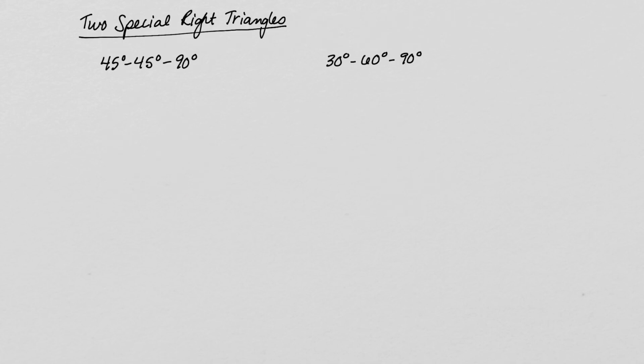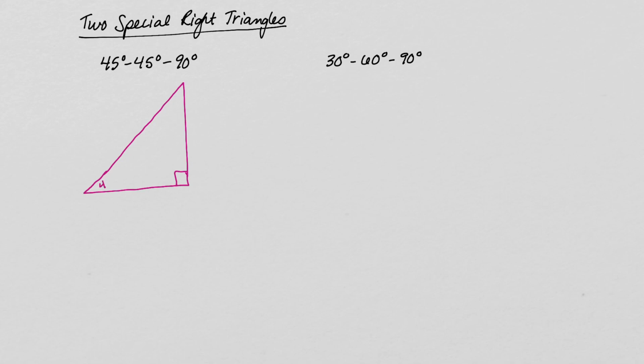Okay. So, back here to my two special right triangles. Those two special right triangles are the 45, 45, 90 triangle and the 30, 60, 90 triangle. And these are special because the sides always have a certain ratio going on. So in a 45, 45, 90 triangle, I have the right angle.